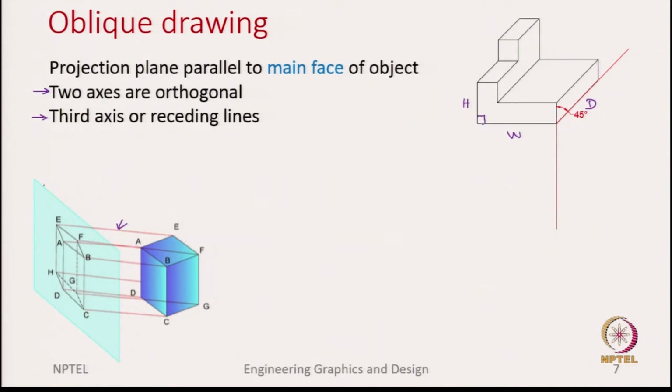Okay, but here we are able to capture it in the front view, but in the depth we have an angle, and the commonly used ones are 30 degrees, 45 degrees or 60 degrees, but out of these the most common is 45 degrees that we have shown in this example.